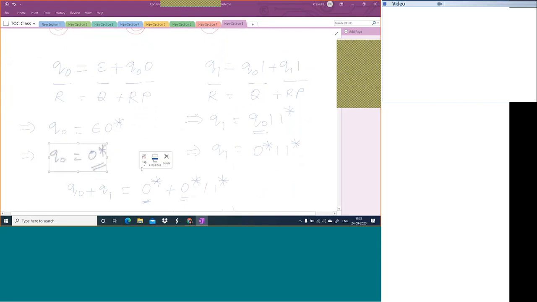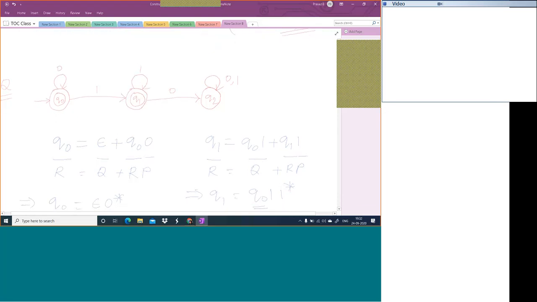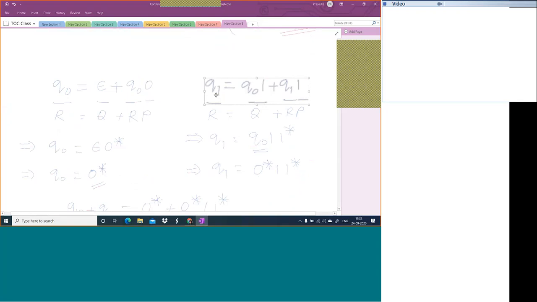Now we got the expression for Q naught. Just leave it. What is Q1? For the Q1 state, what are the edges reaching it? One is from Q naught with 1, so Q1 has Q naught 1. And the second one is from Q1 with 1, so Q1 1. Q1 equals Q naught 1 plus Q1 1. This is also of the form R equals Q plus RP, so R equals QP star.